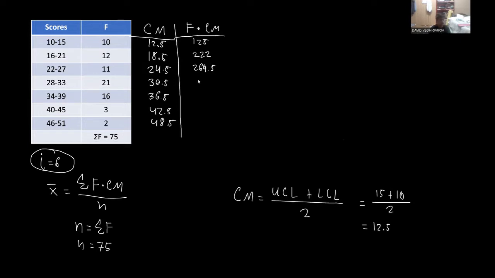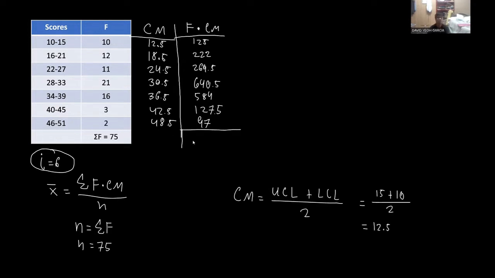Next, 21 times 30.5, we will have 640.5. Next one, 16 times 36.5, 584. Then 3 times 42.5 would be 127.5. And last but not the least, 2 times 48.5 is 97. That's it.